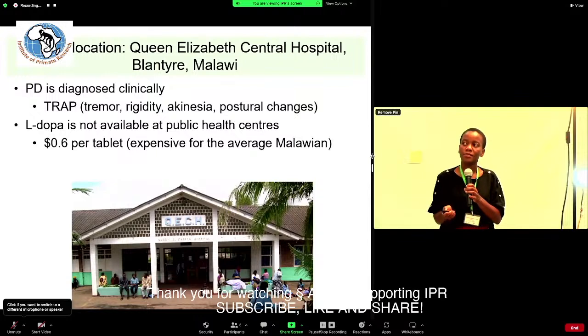This means that people have to buy the medicine, and it costs about 60 US cents for every tablet. It may sound like very little, but with this amount of money in Malawi, you can buy a full meal. So it is very expensive for the average Malawian to buy these drugs, especially considering that they have to be taken for life.